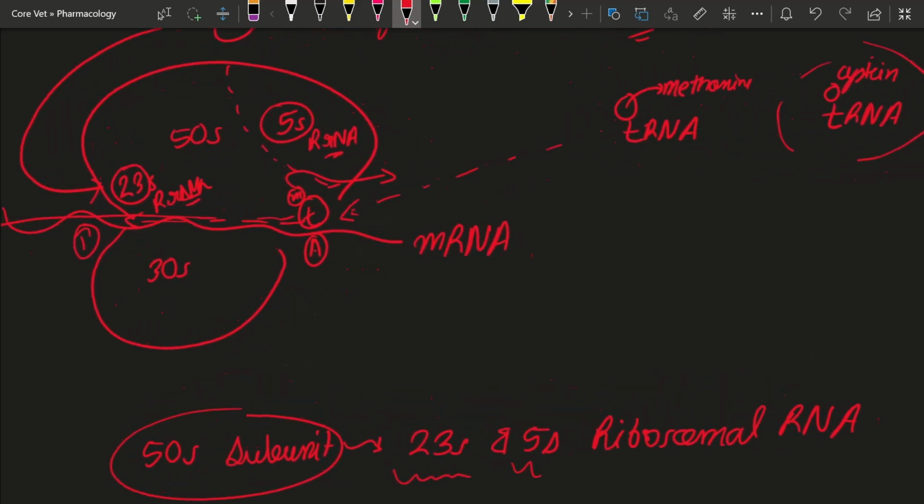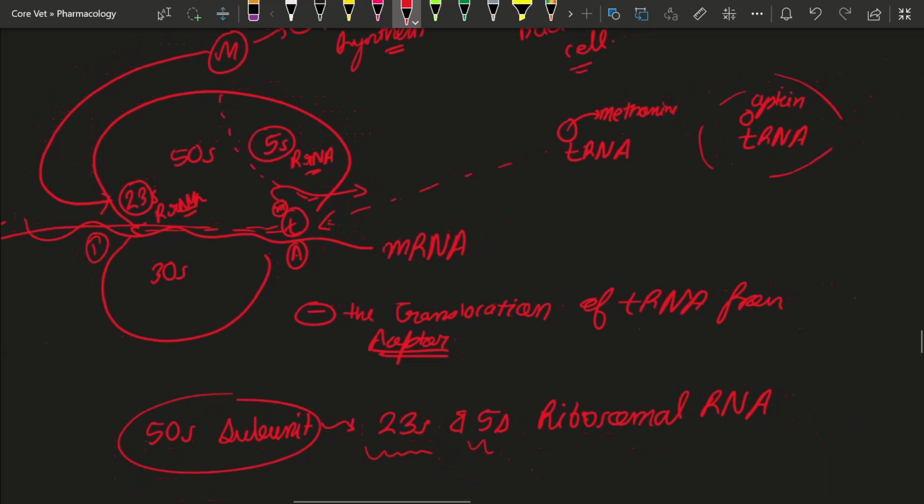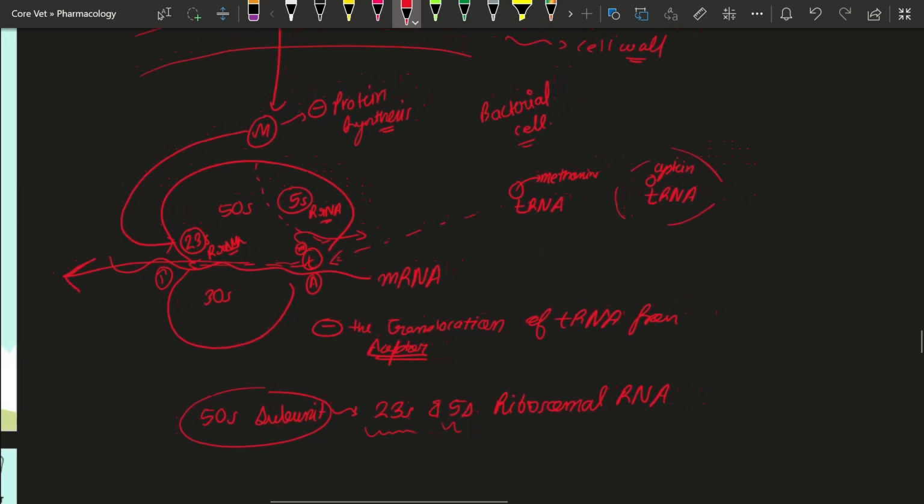The macrolide inhibits the translocation of tRNA from the acceptor region. If there won't be any translocation of the tRNA in the ribosomal complex, obviously the elongation of the peptidyl chain would be affected, right? So that's how the macrolide affects protein synthesis.